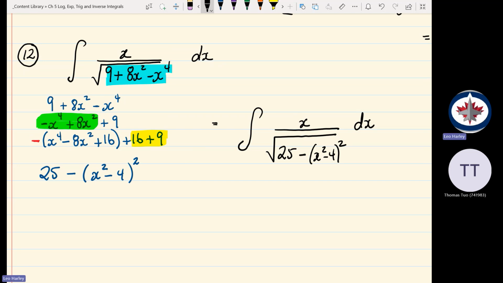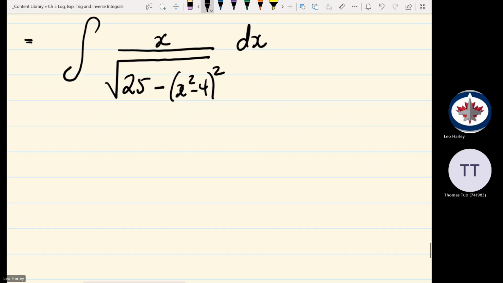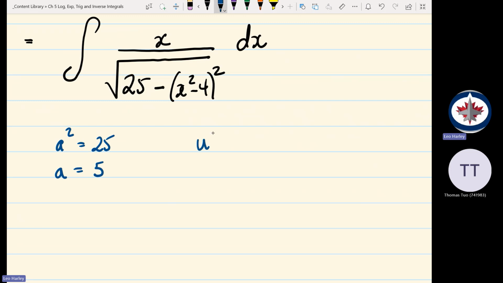Now can you see it will be arc sine? You know that a squared just happens to be equal to 25, so a itself is 5. That's not the problem. You know that u squared is equal to x squared minus 4 all squared, as Gary reminded me.